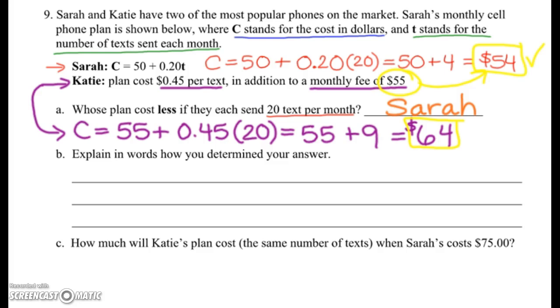In part B, it says explain in your words how you determined your answer. So you can literally explain what you did for your calculations, or you can provide an abbreviated version of what you did, saying that I calculated the cost of Sarah's plan.